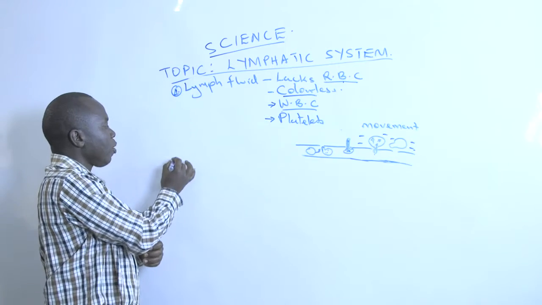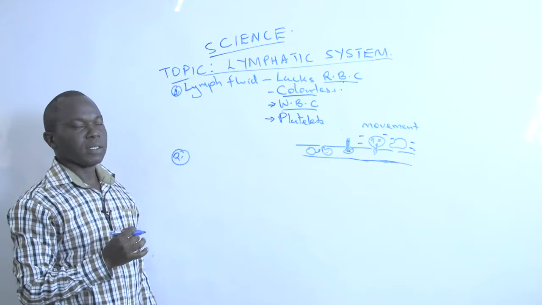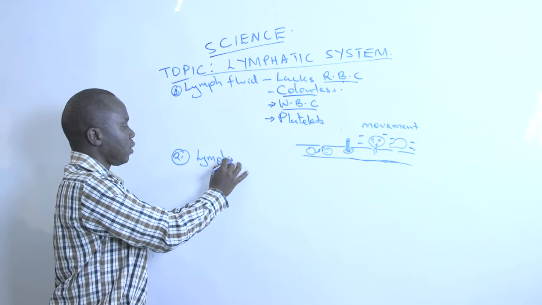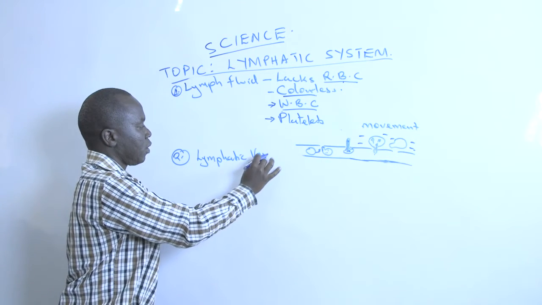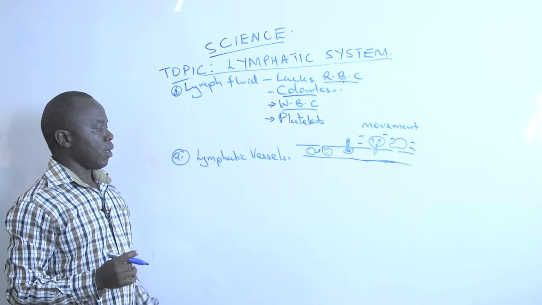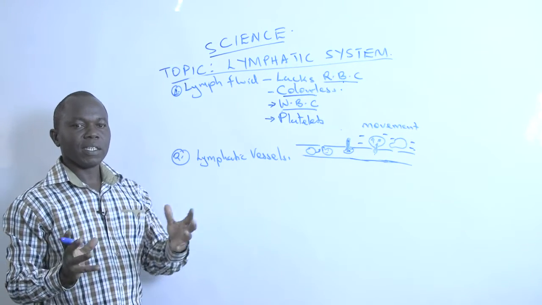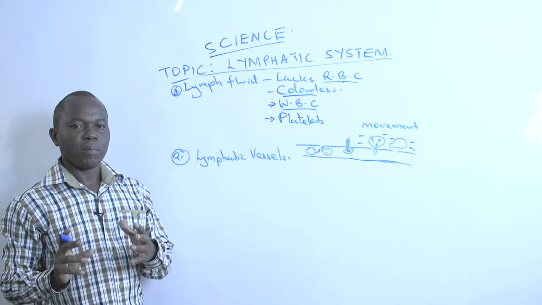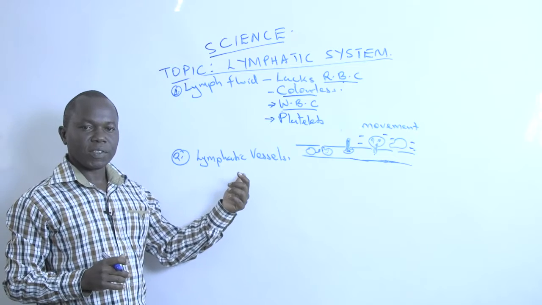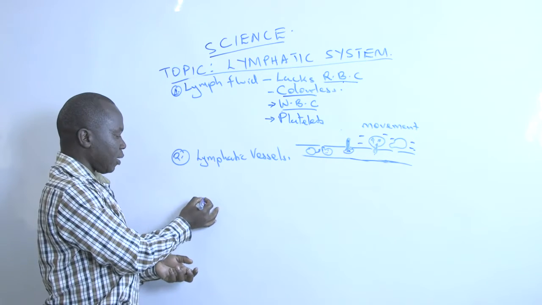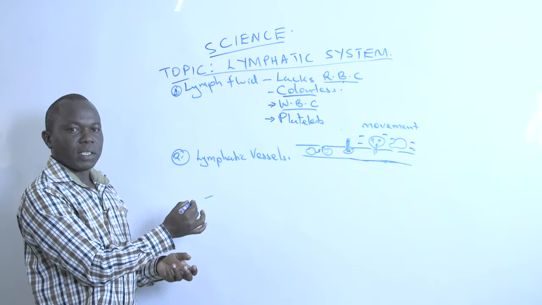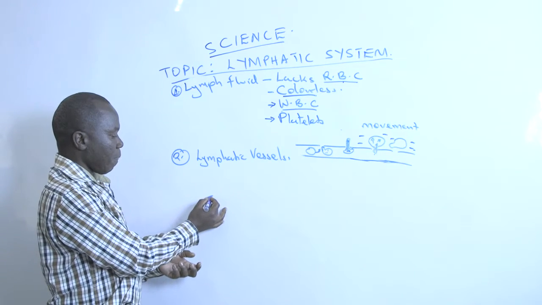That is. Another component of the lymphatic system is lymphatic vessels. Now, lymphatic vessels are slightly different from those of the blood circulatory system, because lymphatic vessels have a closed end. It just begins from somewhere. For example, we are going to look at the chart and identify how it is.